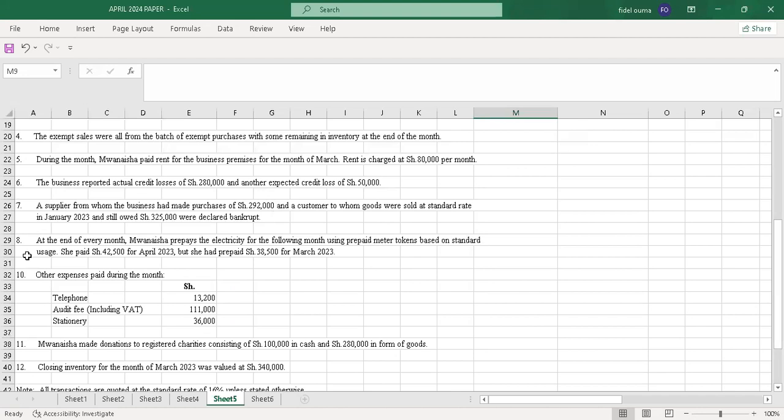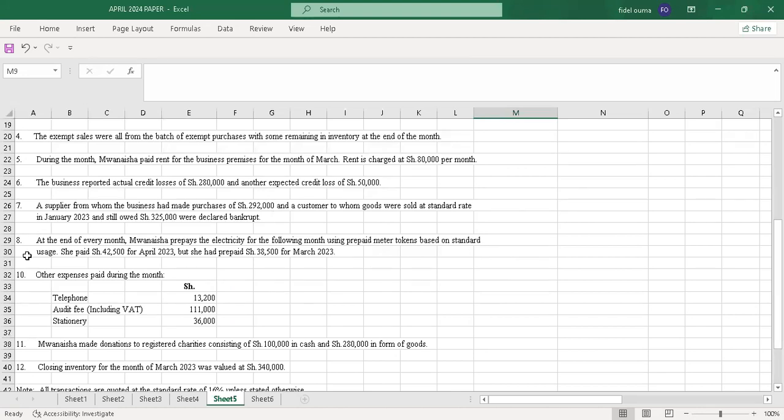A supplier from whom the business had made purchases of shillings 292,000 and a customer to whom goods were sold at standard rate in January 2023 and still owed shillings 325,000 were declared bankrupt. Yeah, so in a case where the supplier has been declared bankrupt, those are bad debts.